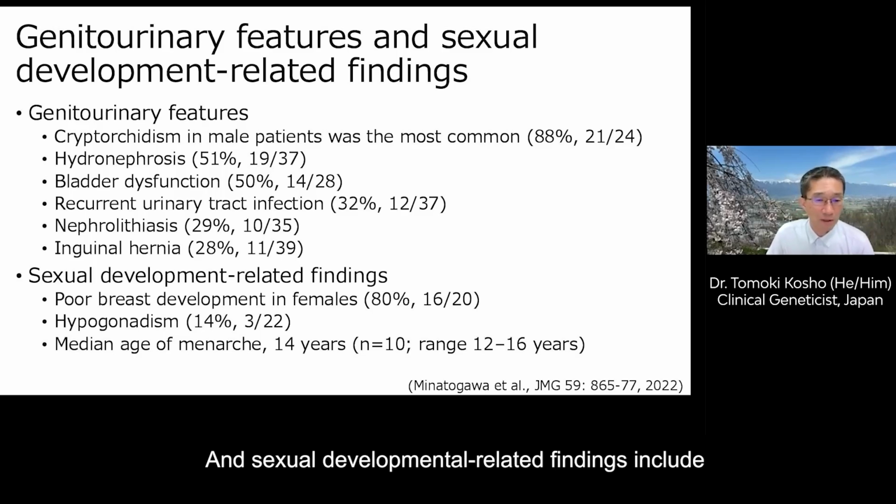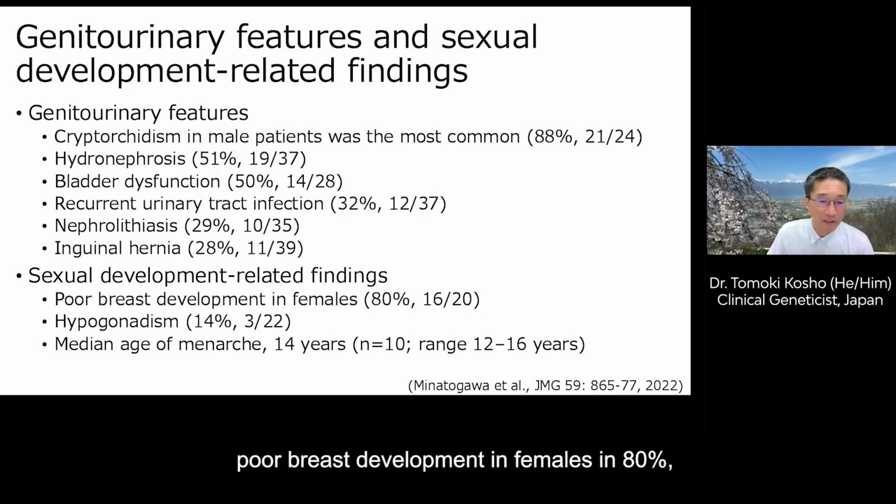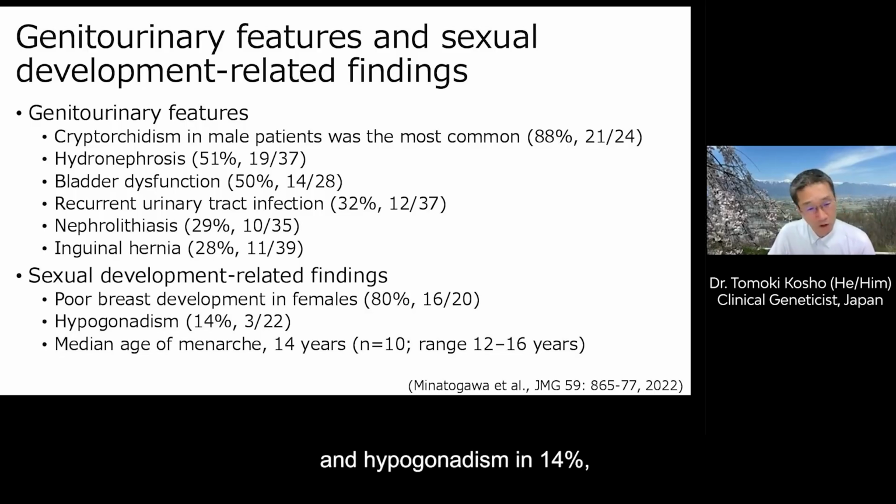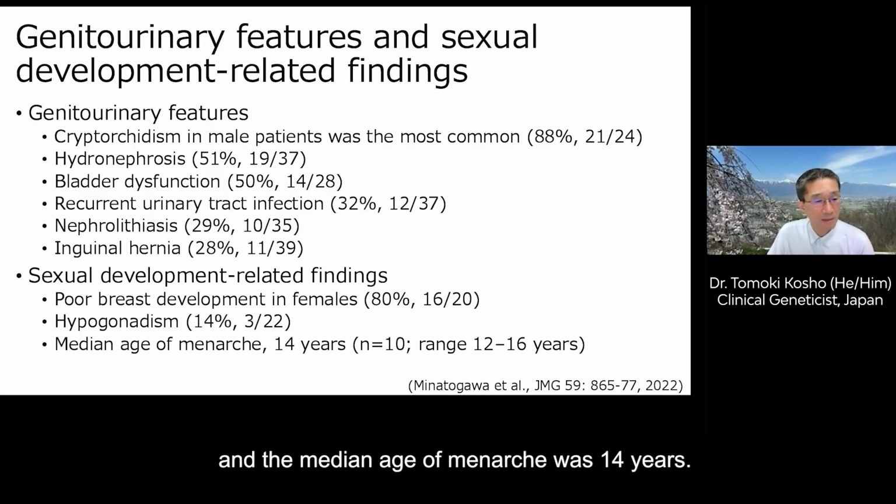Sexual development-related findings include poor breast development in females in 80% and hypogonadism in 14%. And the median age of menarche was 14 years.